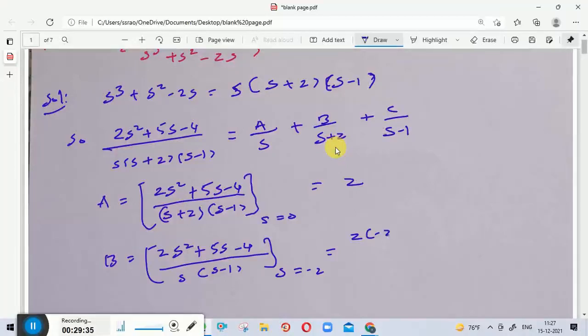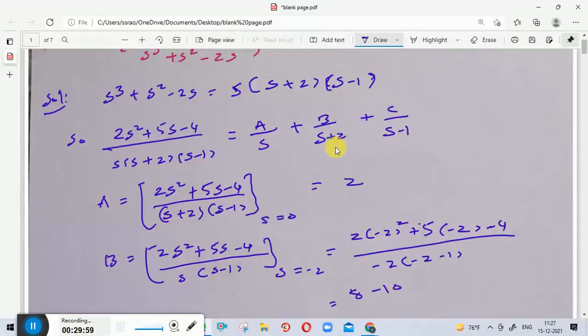So 2 into -2 whole square, plus 5 into -2, minus 4, divided by -2 into -2 minus 1. That is 8 minus 10 minus 4 divided by 6, that is minus 6 by 6, that is -1. Value of b is -1.